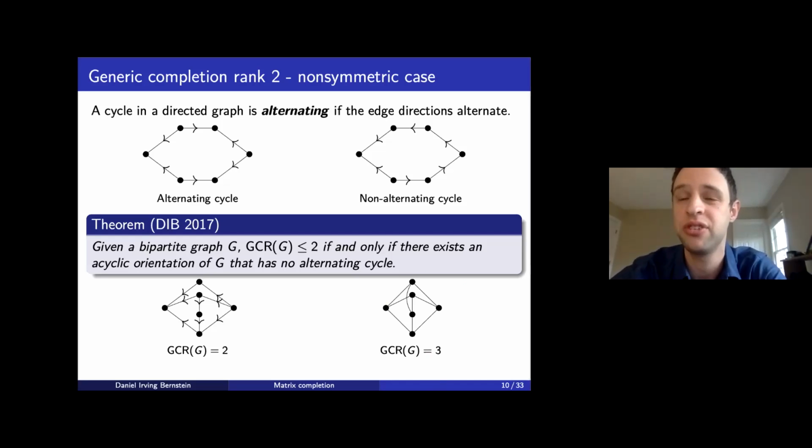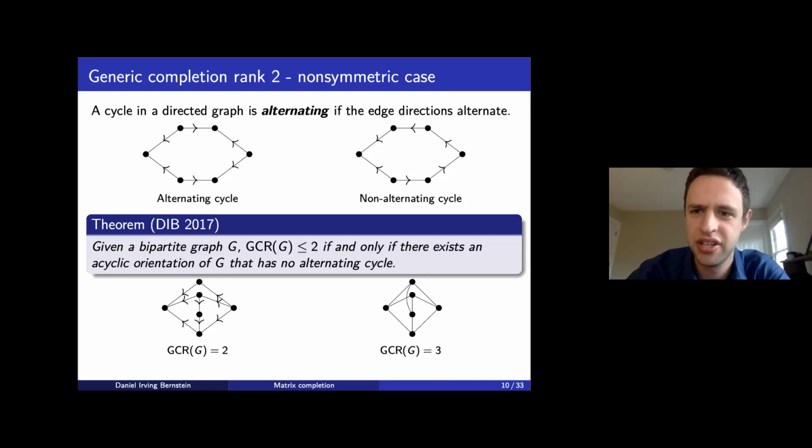However, this has generic completion rank 3 because no matter how you orient the edges, you're either going to get a directed cycle or an alternating cycle. Are there any questions? I'm going to very briefly sketch the proof of this.